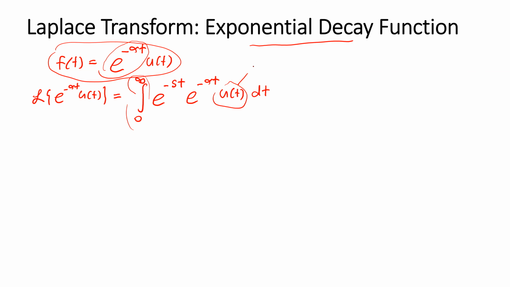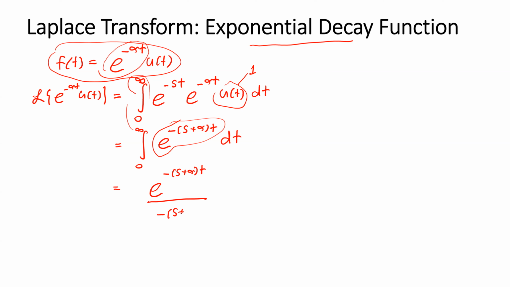It's just one constant, a unit 1 multiplied to the rest of the terms, and we can combine the terms to be e power minus (s plus alpha) t dt, and the integration of e power minus constant multiplied by t is going to be e power minus constant t, divided by minus (s plus alpha), and the limit of integration time from 0 to infinity.